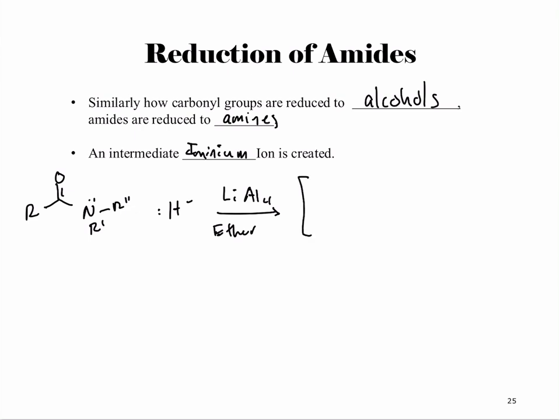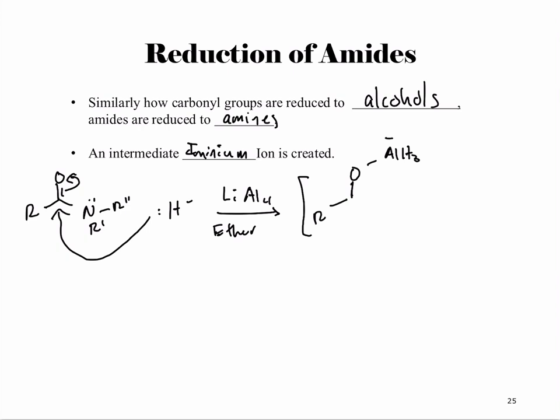And so we have nucleophilic attack of the hydride on the carbonyl carbon to generate our tetrahedral intermediate, which is then going to be stabilized by the aluminum hydride complex, AlH3 minus. So this is going to be stabilized by this.